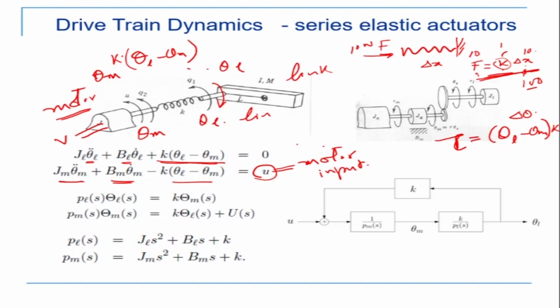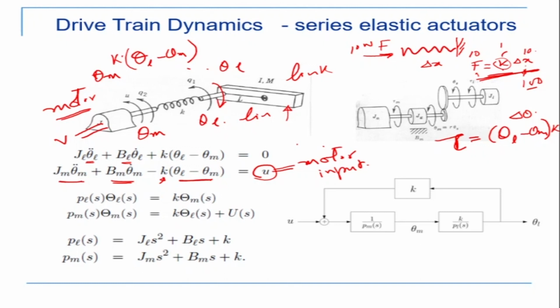The moment you give an input, some of that is causing the deflection in the spring, and the other part of it is going to change the position of the link. You cannot control this part exactly because k is passive. K is fixed for a particular spring.